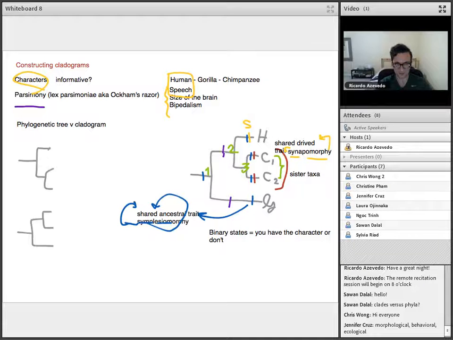Lex means law, so it's the law of parsimony, also known as Occam's razor. It comes from William of Occam, although you can trace it back to Aristotle or Maimonides. So it's a very old idea. The idea being that whenever you have alternative explanations, the explanation with the fewest assumptions is preferable.